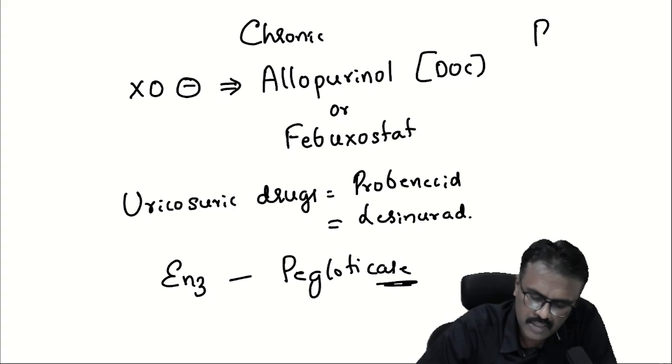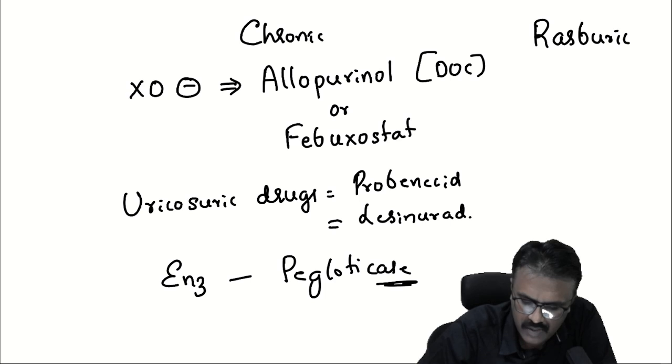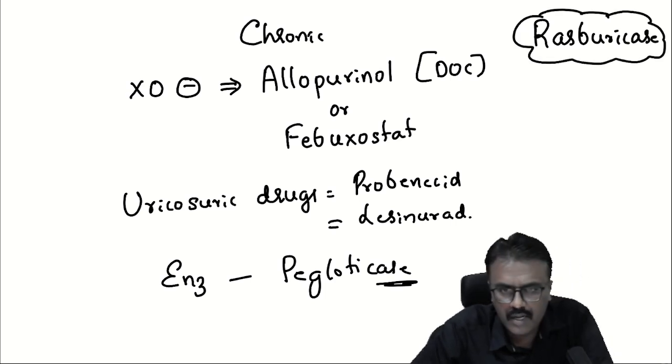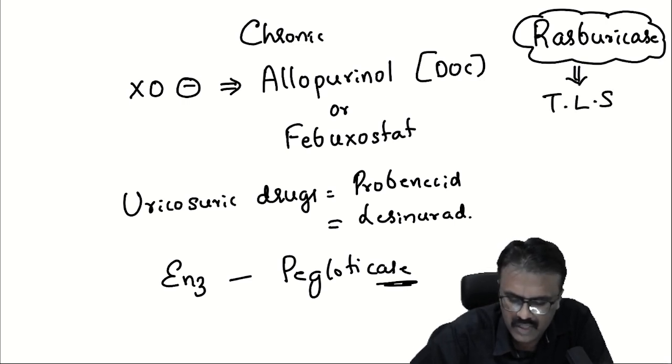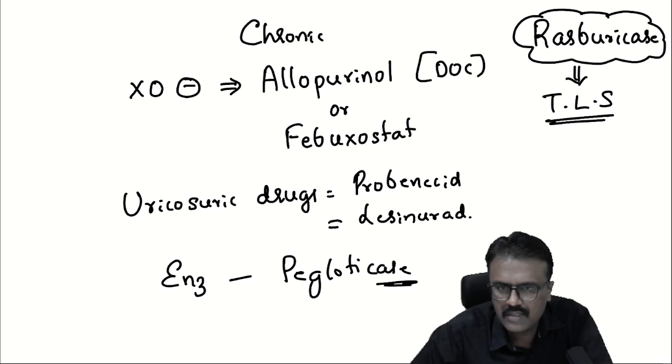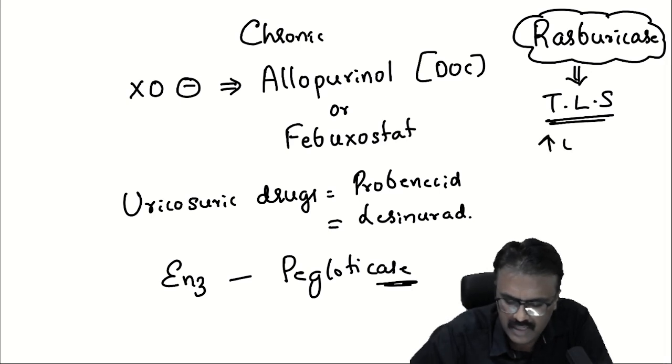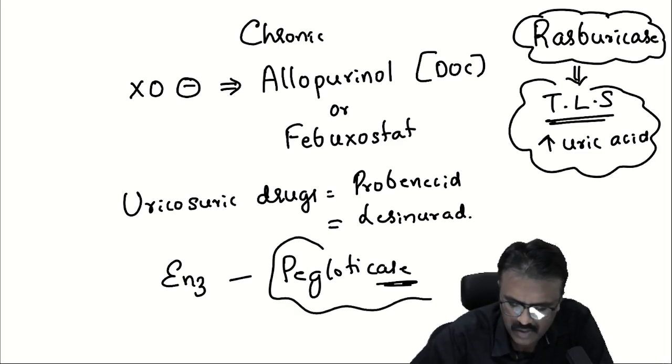Now, where is rasburicase used? Very good. Somebody came up with this rasburicase. Rasburicase is not approved for gout. Same mechanism, but it is used for tumor lysis syndrome. What is TLS? Tumor lysis syndrome, where there is an increase in uric acid. So there we use rasburicase, but pegloticase is used for chronic gout.